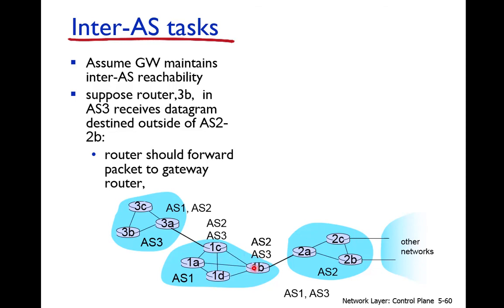So in this intra-autonomous system routing, for example, if it is using a layer 3 routing protocol, it will also distribute the information of inter-autonomous system reachability. So you can see that 1D can receive the information when 1B announces autonomous system 2 and autonomous system 3 in its intra-autonomous system routing protocol to 1D, 1C and 1A.